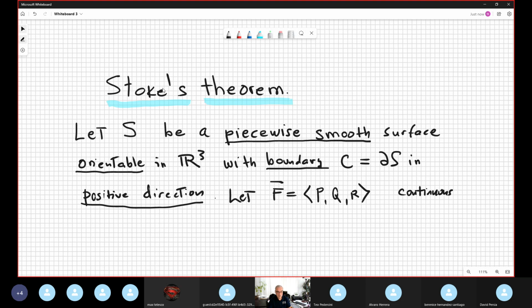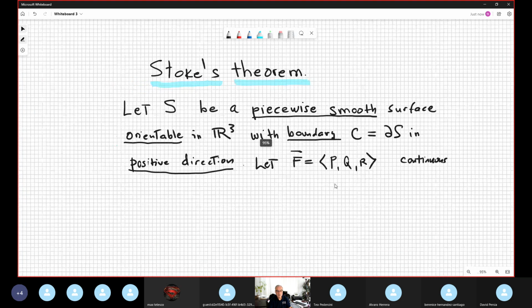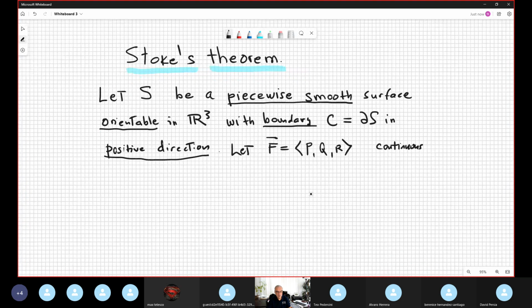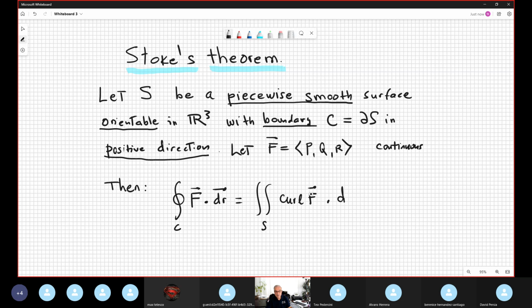Okay. Then the conclusion of Stokes says: the line integral, the circulation along the closed curve C of the vector field F dot dr, a classical circulation integral, is equal to the surface integral of the curl of the vector field dot dS.